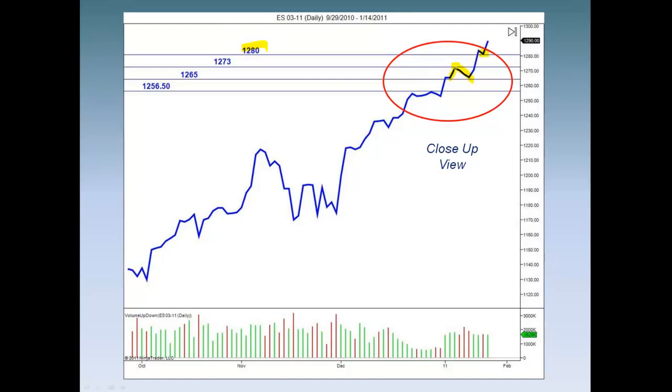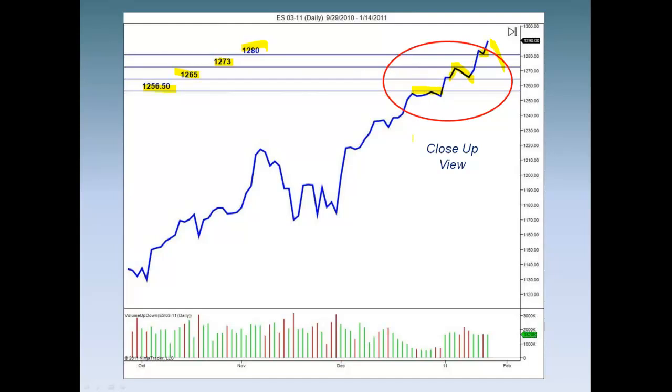So what was once resistance is now going to be a support level for us as prices decide to come back down. So 1273 would be my next support level down. And as we continue on lower, 1265 is the number that we would be looking at, and 1256.50 is the next level after that right here.